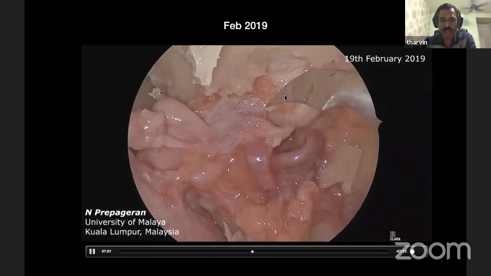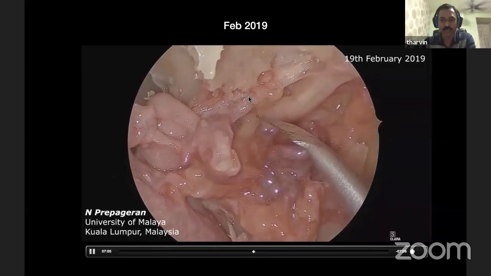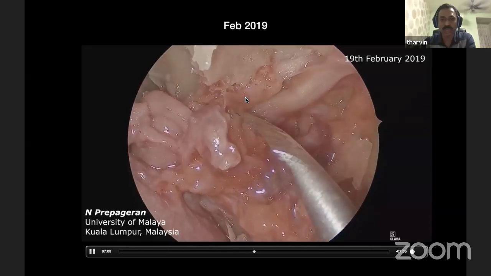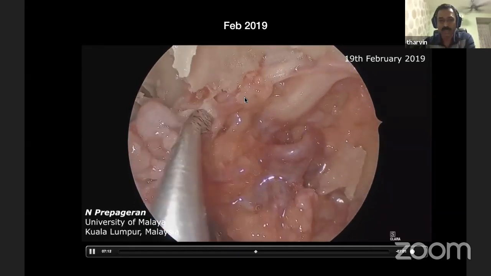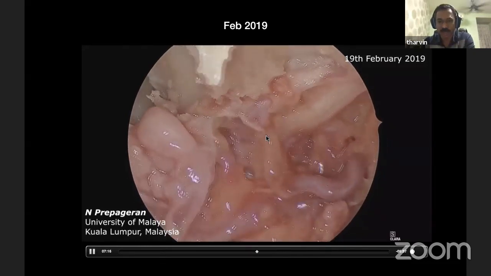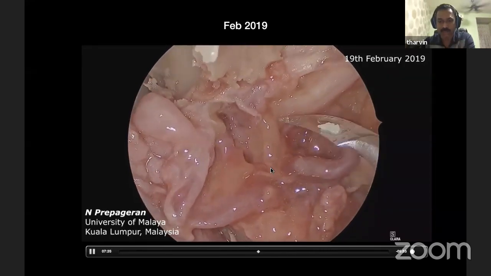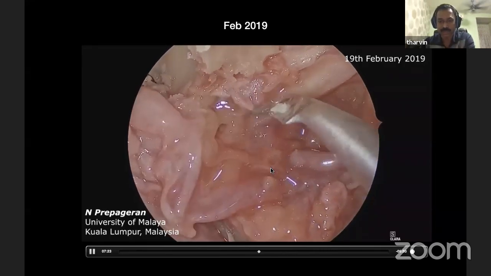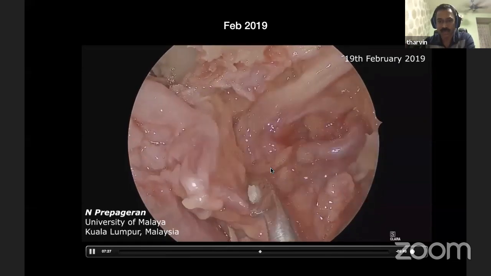So now what we need to do is cut the fascia superiorly. And once we cut the fascia superiorly, we need to follow the infraorbital nerve backwards until we're able to visualize. We may need to cauterize some of the vessels here, and then follow the infraorbital nerve backwards until it comes to the foramen rotundum. So now we are dissecting very close to the infraorbital nerve.